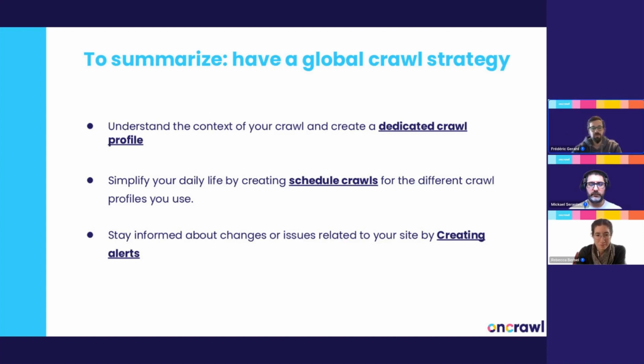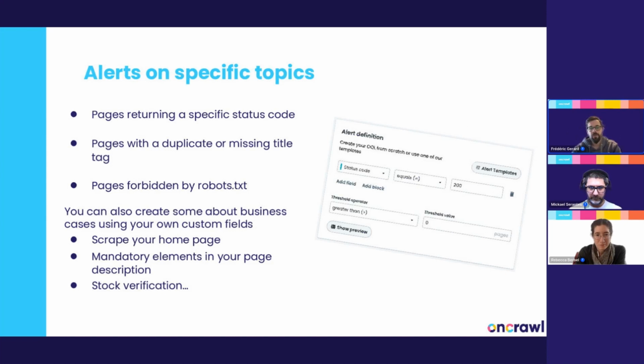I missed something just before, to explain the screenshot on the right: the whole alerting system uses the same language as the Data Explorer. It's the Oncrawl Query Language, to very finely configure your alerts.